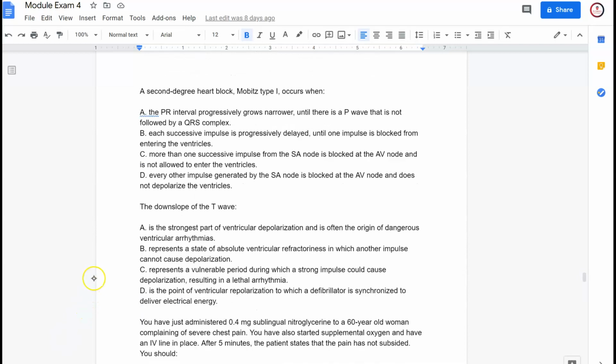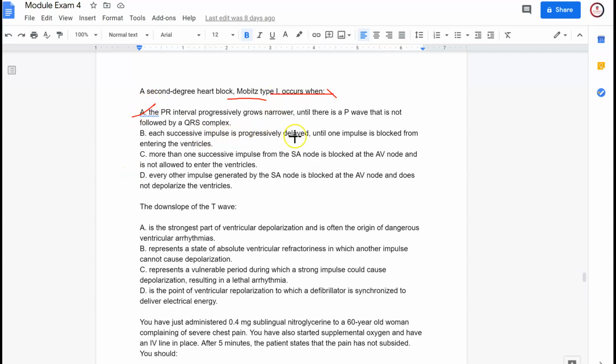All right. A second degree heart block, Mobitz type 1, remember we talked about type 2 a while ago, occurs when the PR interval progressively grows narrower until there's a P wave that's not followed by a QRS? No, it's getting wider, not narrower, so wrong.